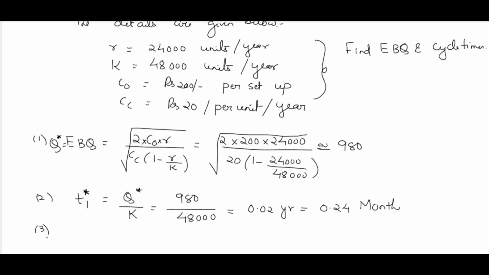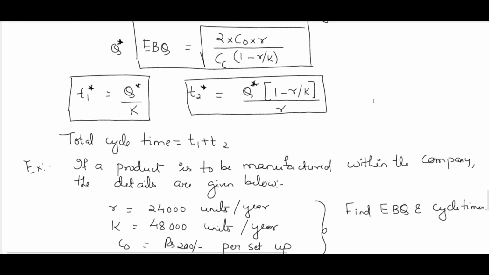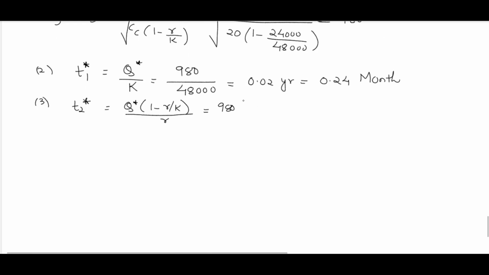Similarly, T2 star is equal to Q star into 1 minus R by K divided by R. Q star is 980, 1 minus R which is 24,000 divided by K which is 48,000, divided by R which is 24,000.